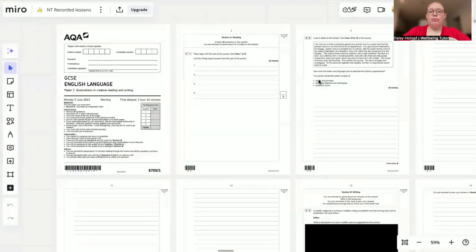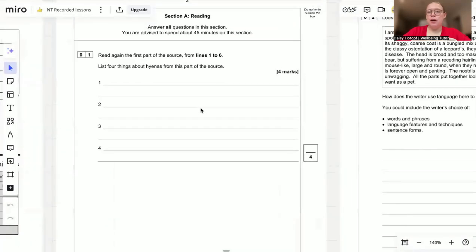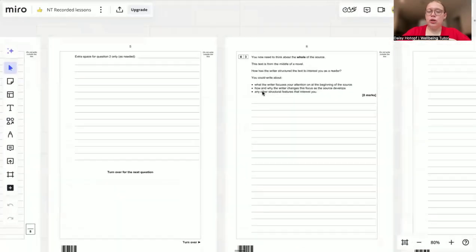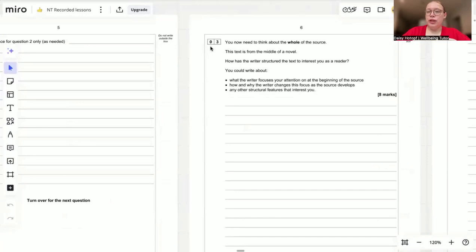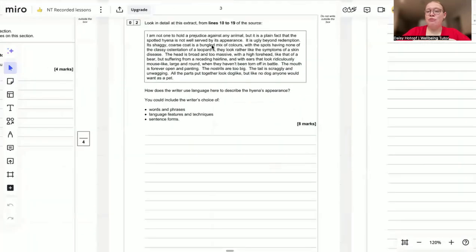So getting into it, we look at section A, read from the first part of the source, lines 1 to 6. As per usual, I will say don't read the whole text until you get to question 3. For these 2 questions, you can answer them without reading the whole text.